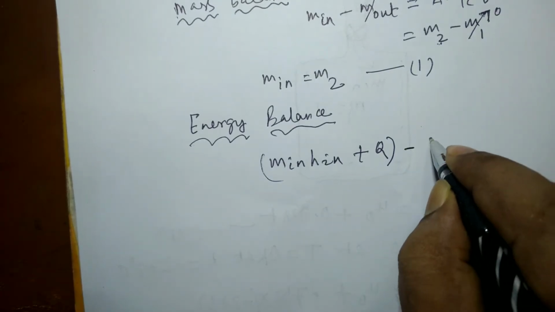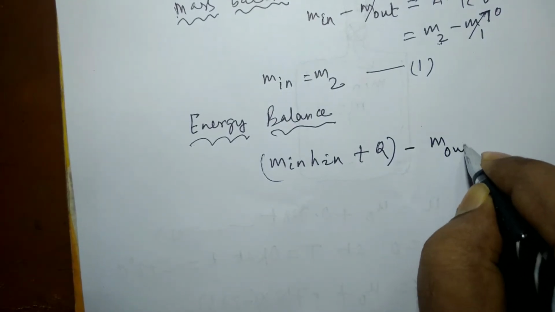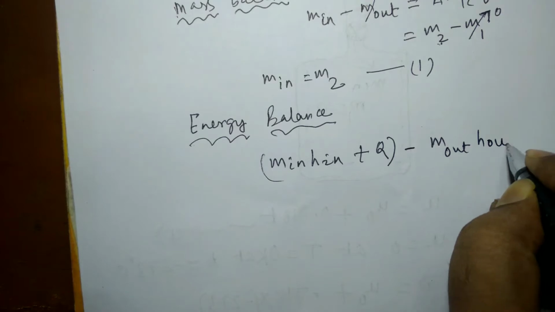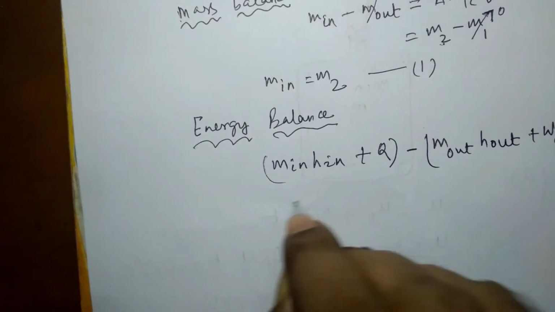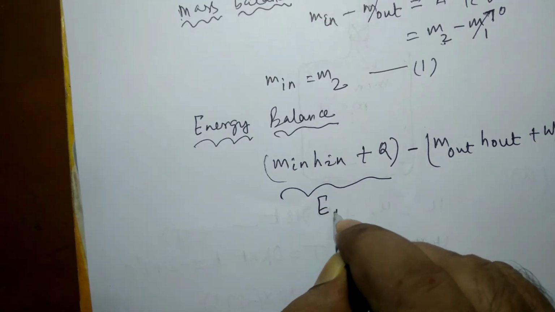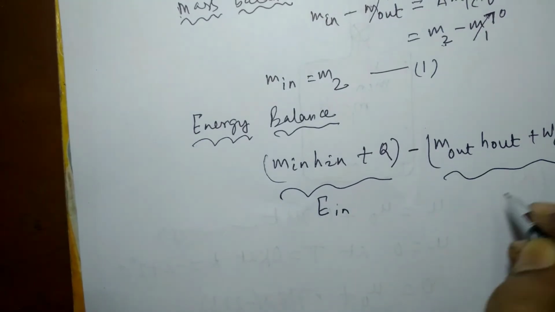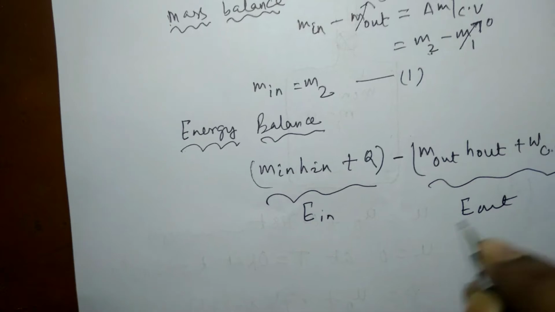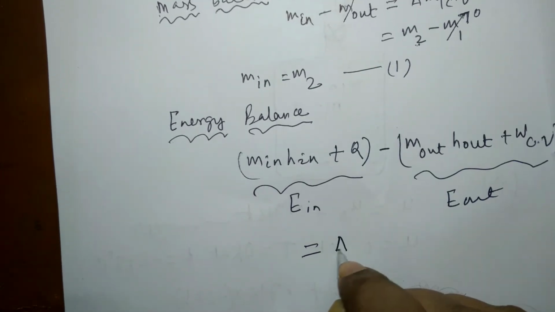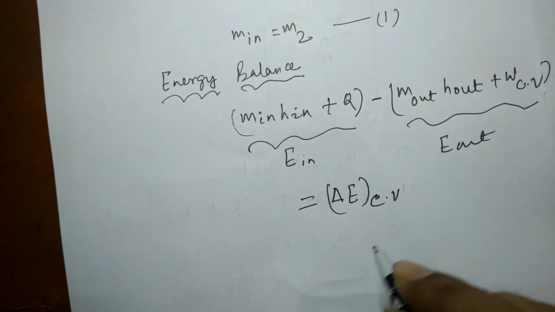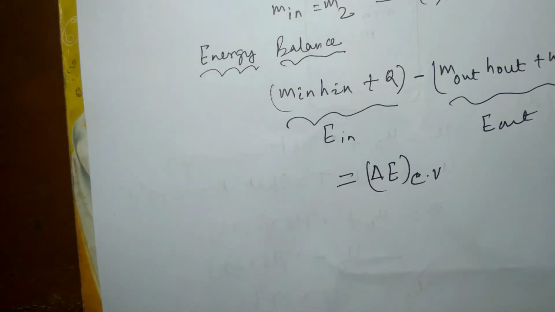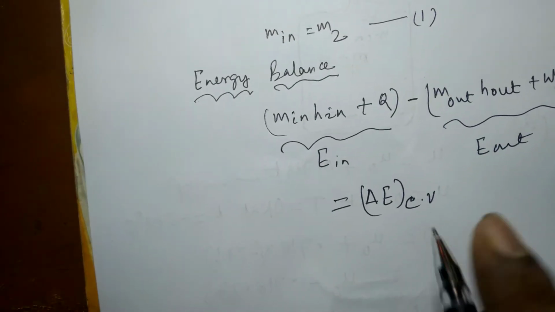minus M out h out plus W of CV, this is our E in, this is our E out, equal to delta E of CV, the change in energy of the control volume. And we can also neglect the change in potential energy and kinetic energy of the control volume.